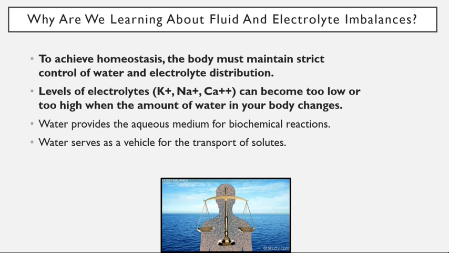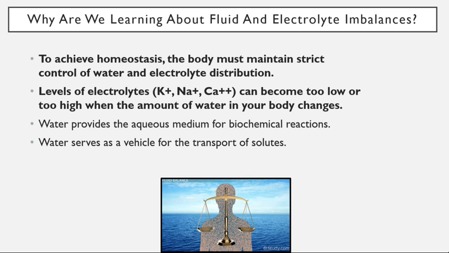So to achieve homeostasis, the body must maintain strict control over water and electrolyte distribution, right? This is just like the stuff that you learn in Intro to Bio, when you have certain concentrations of solutes and solvents, where the water will follow wherever the solute is, and if these solutes are proteins or enzymes or salts, that's where the water is going to go, right?